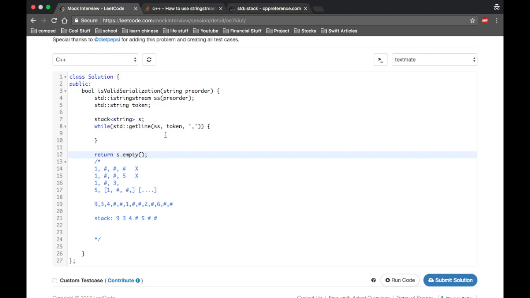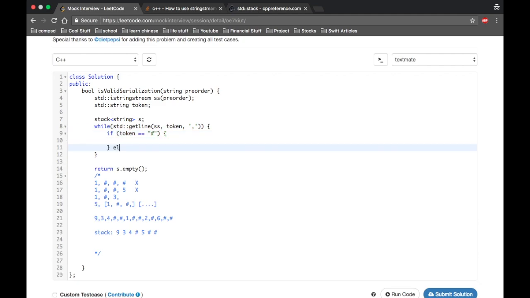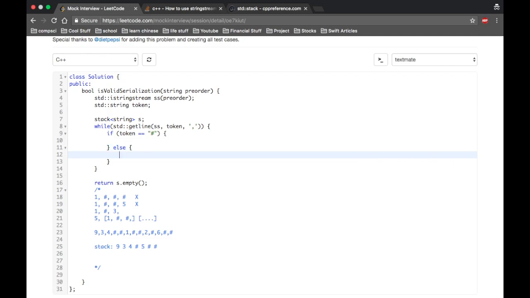Okay, so now we just process the tokens one by one. If token is equal to hash sign, do something else, we just have to push the token onto the stack.